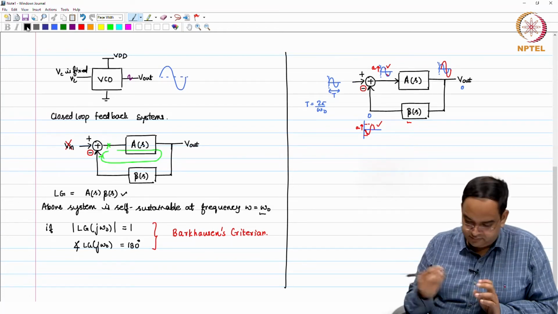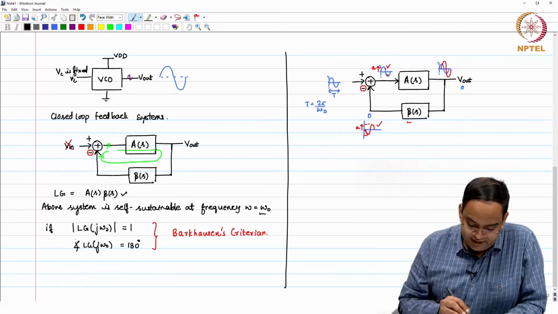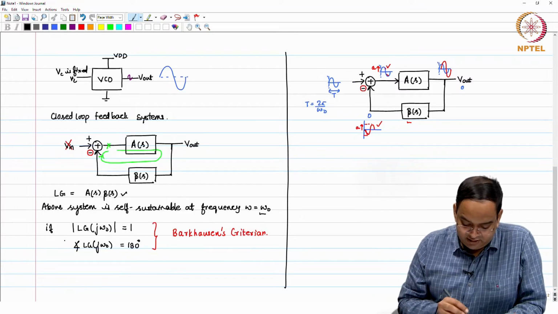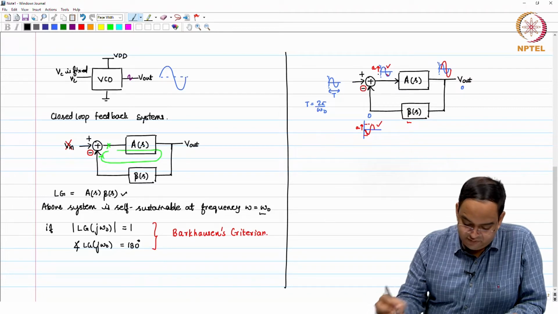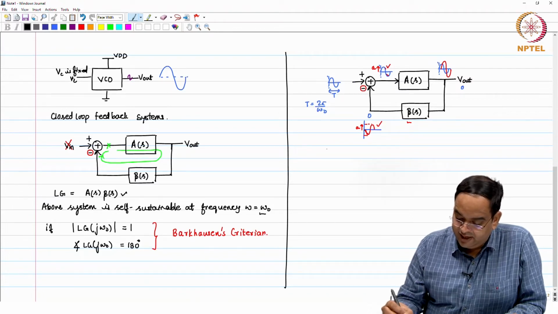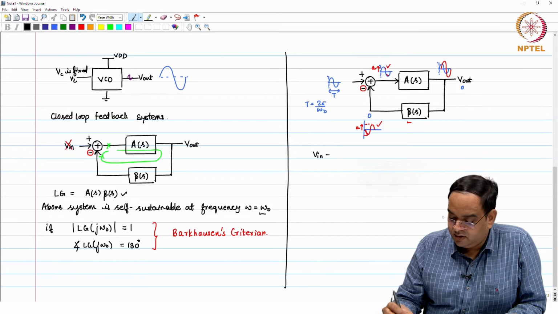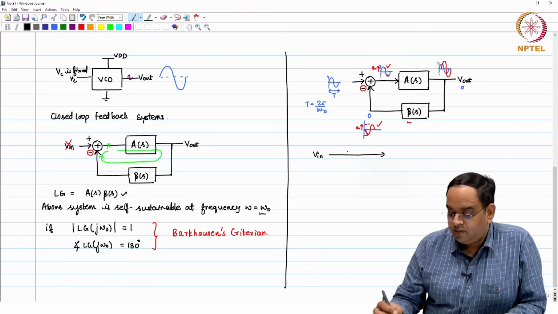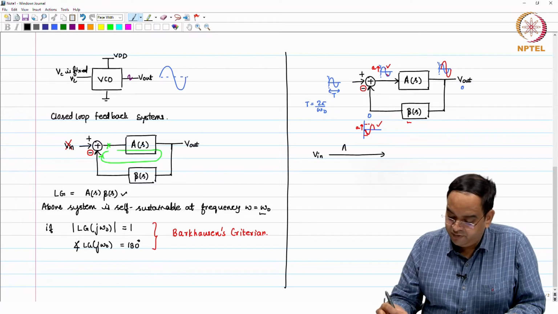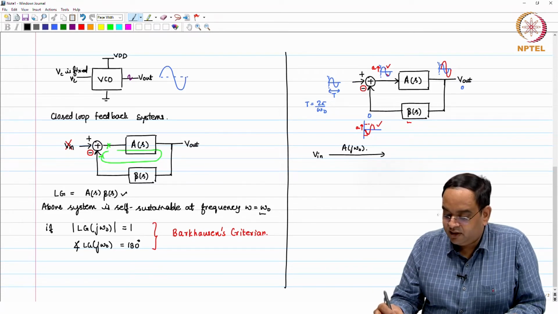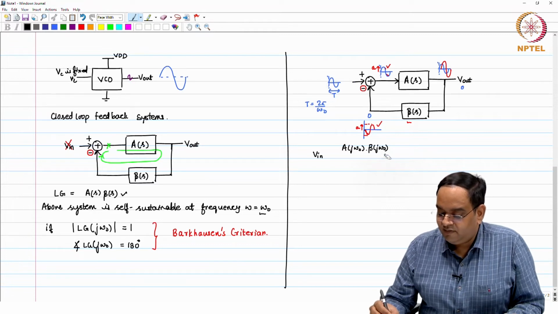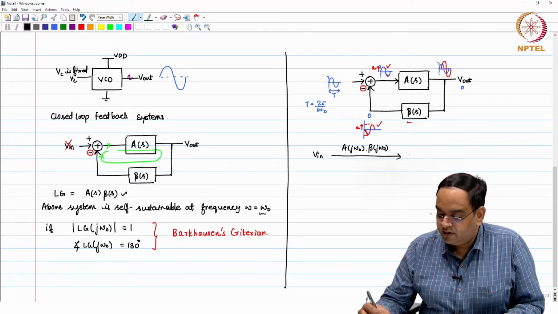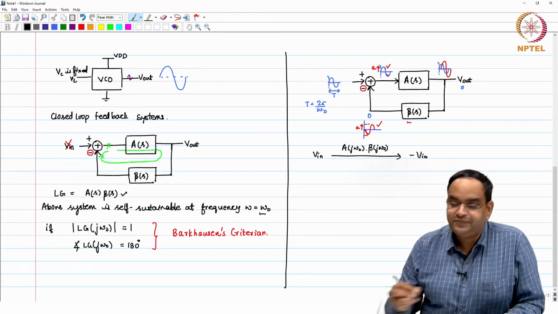It is telling you the same thing: if I feed this sine wave V in, then when I multiply by A of j omega naught times beta of j omega naught, I effectively get minus V in.